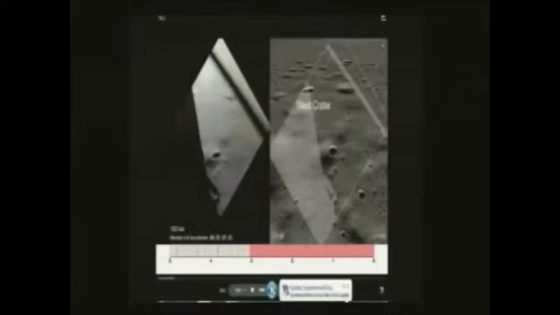So the picture on the left is a rectangle that's skewed at 45 degrees roughly because that's the way it was mounted in the window, and it's partly blocked by structure of the lunar module, so it has a very limited field of view. The picture on the right shows the same angular area covered by the motion picture on the left.